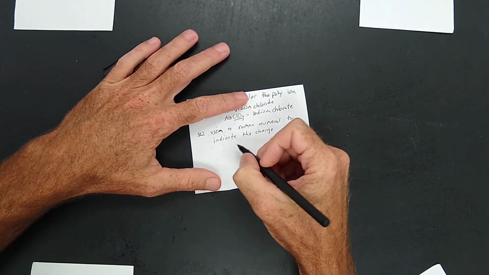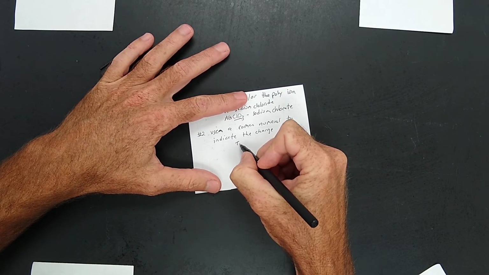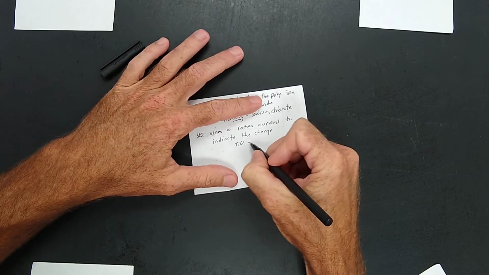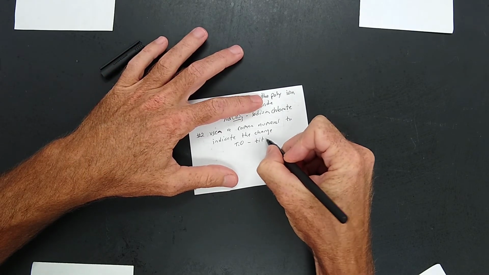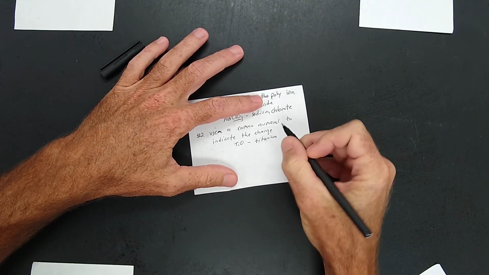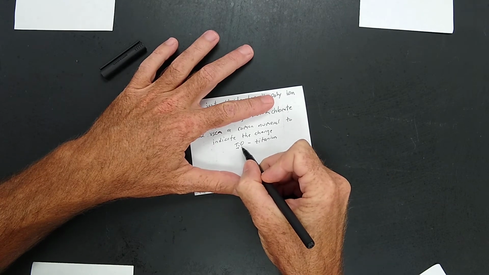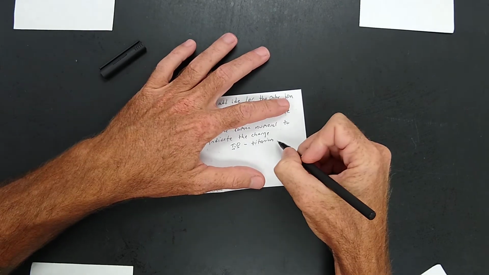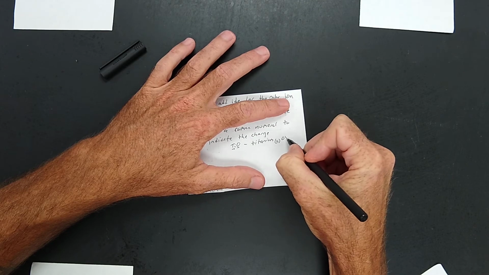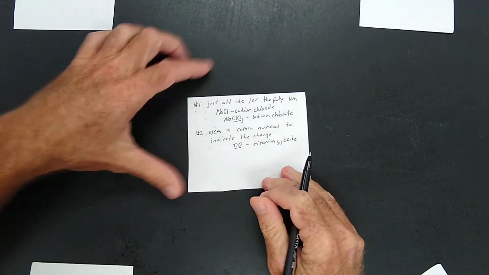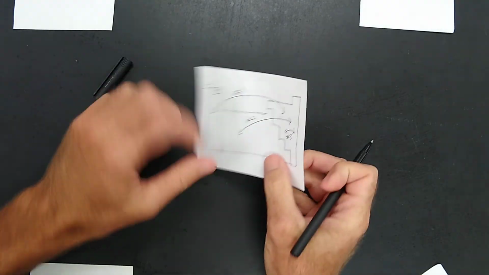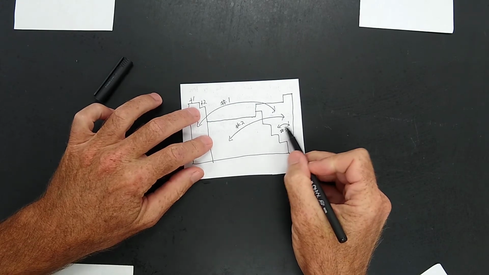Okay, here's an example. TiO, that will be titanium. And we know it has to be a 2 because it's canceling out the oxygen. Titanium 2 oxide. Okay.